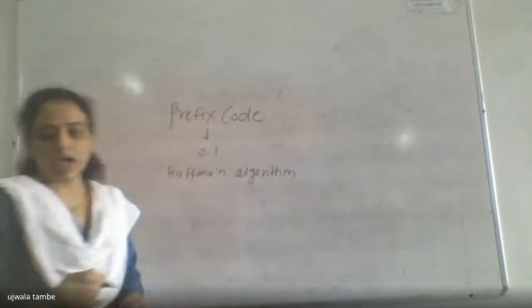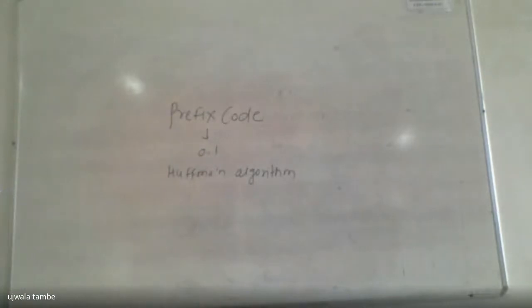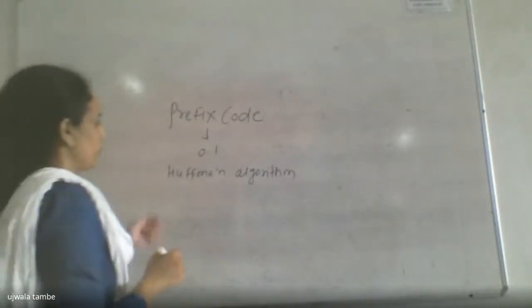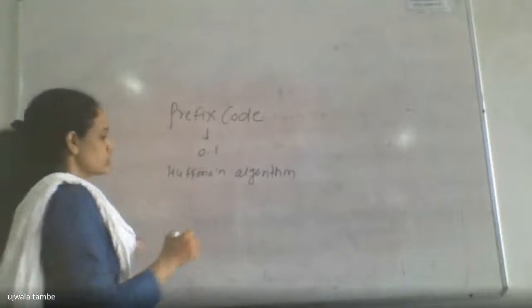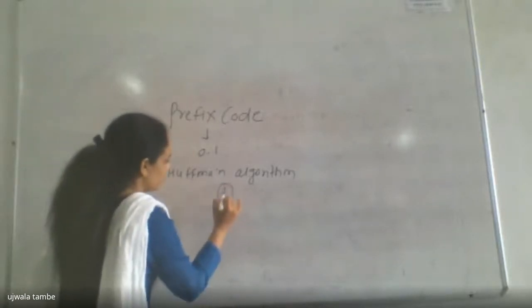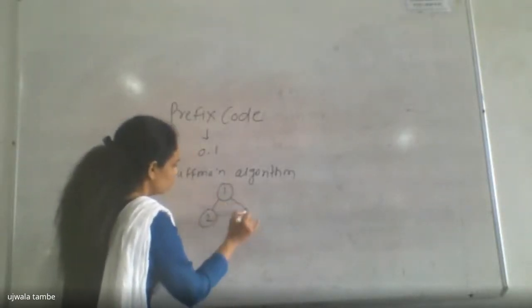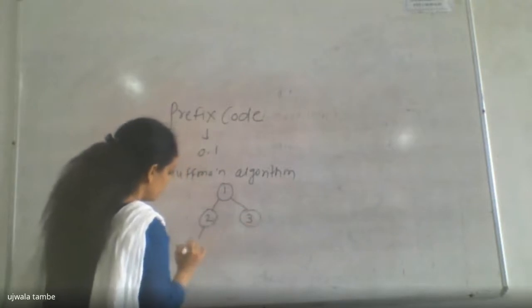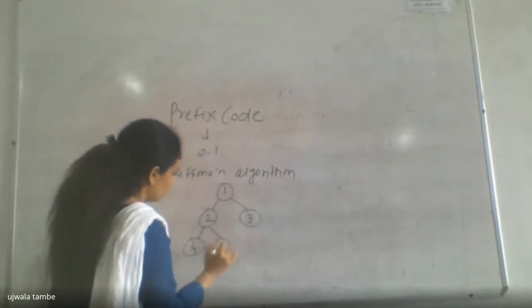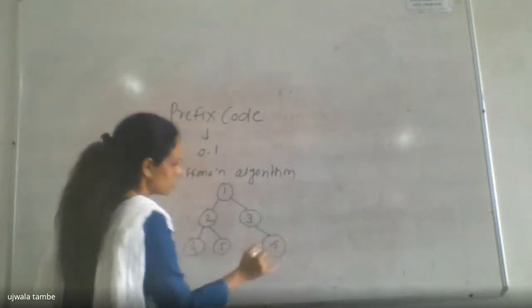Okay. Before that, we will discuss how to generate a prefix code. Suppose this is my tree. 1, 2, 3, 4, 5, and 6.